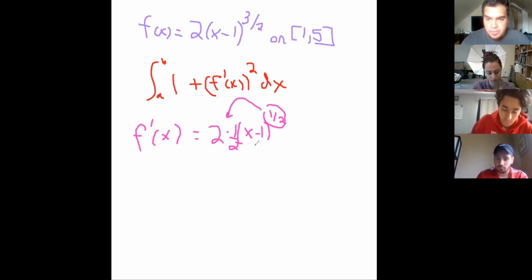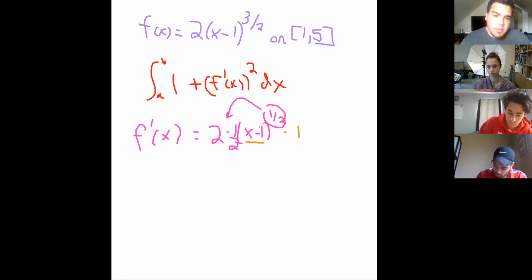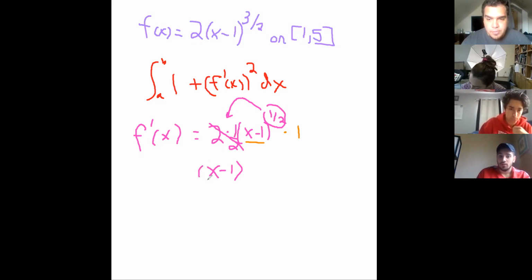The derivative of the inside: x to the 1 reduces to 1, and minus 1 becomes 0 when you derive a constant. Then we can clean it up by simplifying. The 2 and the 1/2 cancel out, so we're left with x minus 1 to the 1/2 power.